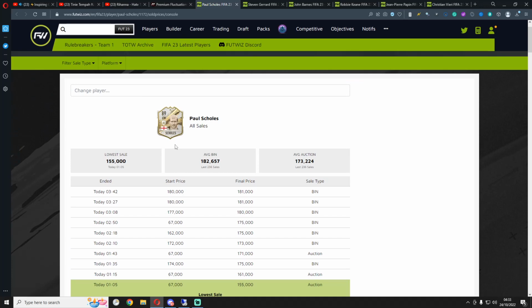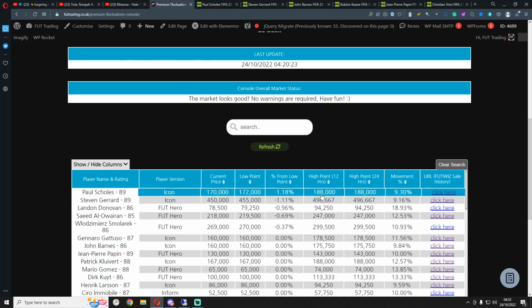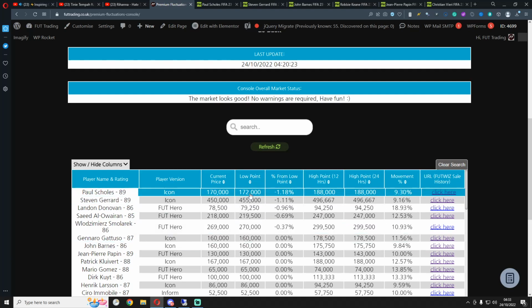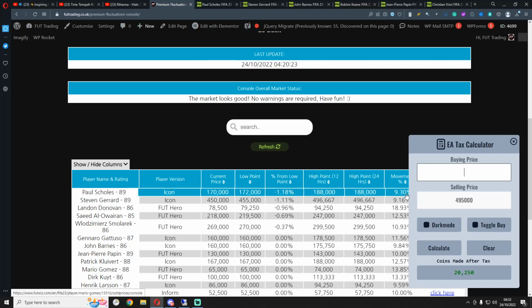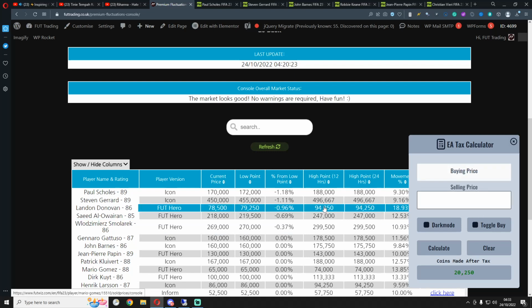Yeah, so it's about 182, 184, right? Because you're probably not going to be able to get the exact high point, you might need to go 184. You need to buy it for 4K less than the low as well. So 168 to 184, which will make you about 6,000 coins, right? But you're working for an 8,000 coin profit roughly at least there, which would mean buying for 166 rather than 168. But when it comes to assuming that, just make sure you allow enough room should the card not fluctuate.